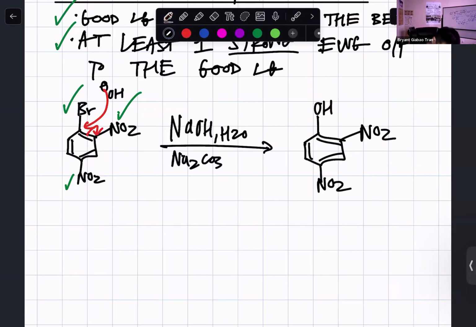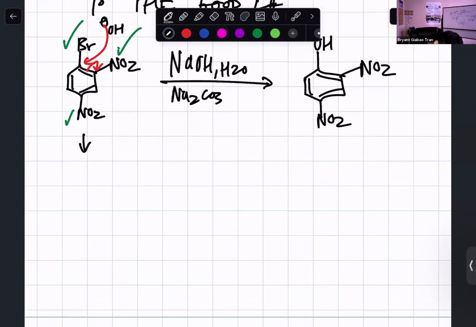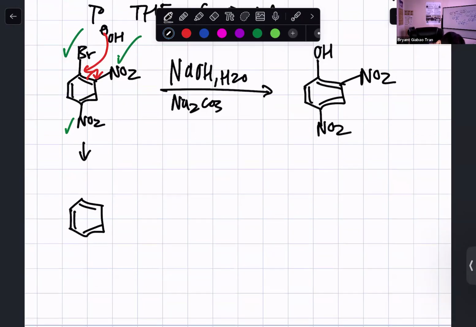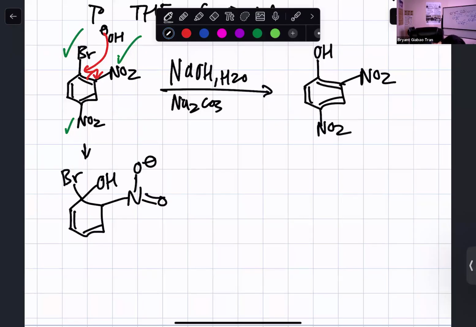Right. So now, when I draw out the intermediate here, I'm going to draw out the NO2 in Lewis form like this, just to show that this negative charge is stabilized by the EWG from resonance.